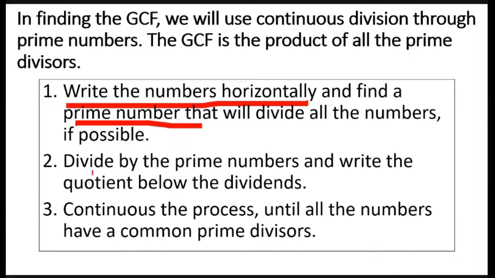Divide by the prime numbers, then write the quotient below the dividends. Si dividends, yun yung number na i-divide mo. Okay? Next, continue the process until all the numbers have a common prime divisor. So, let's start.